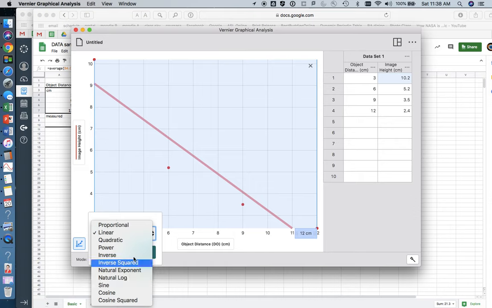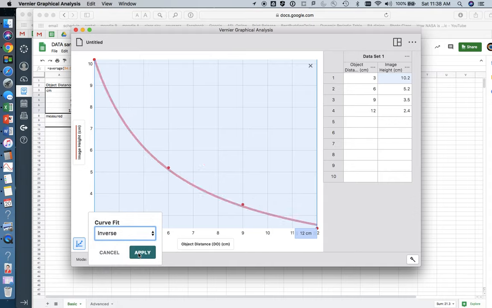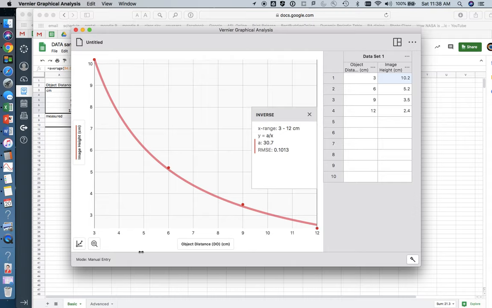And obviously they give you several possibilities, but really we're only going to be worried about linear and inverse. Okay, that looks pretty good, so we're going to apply. And now it gives you the equation of that inverse curve.